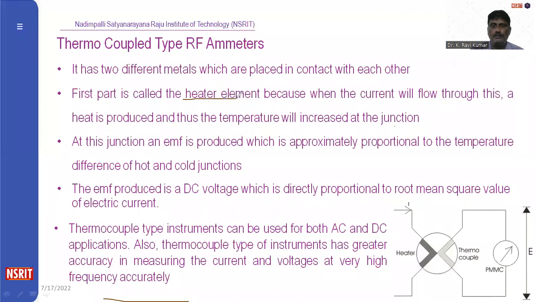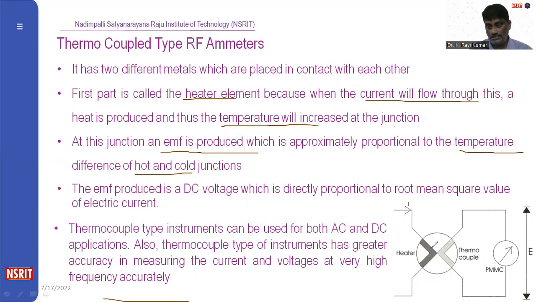When the current flows through this, heat will be produced, and thus the temperature will increase at the junction. At this junction, an EMF will be produced, which is proportional to the temperature difference between the hot and cold junction.